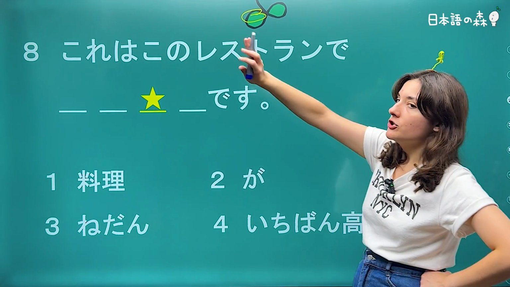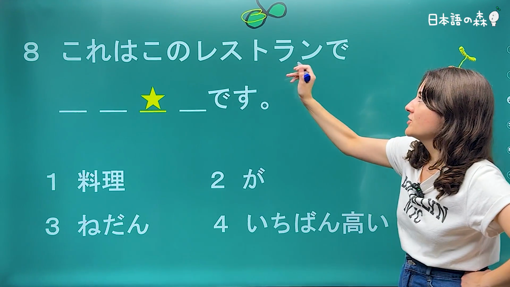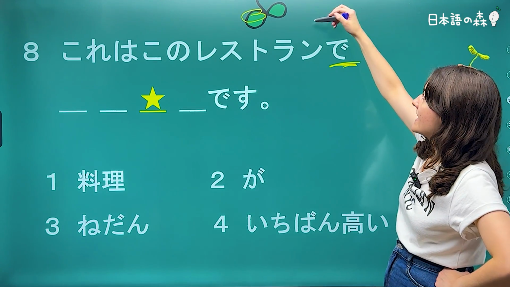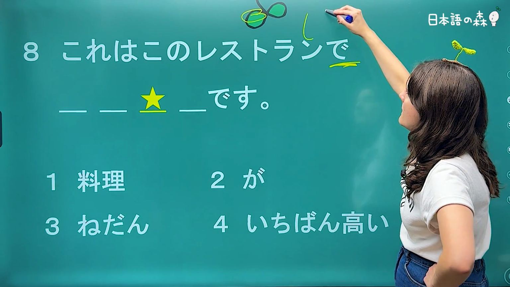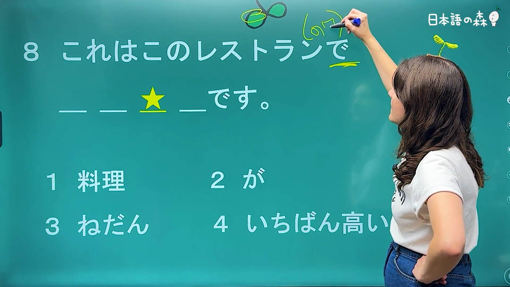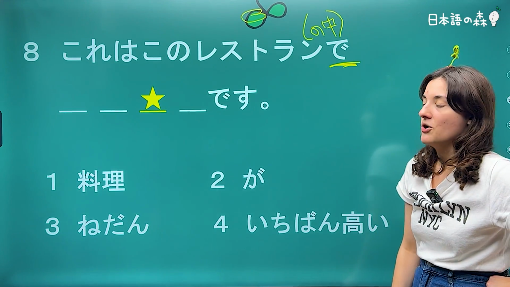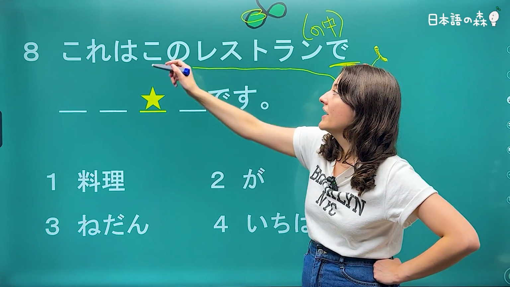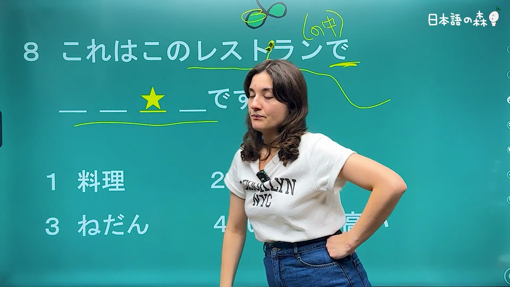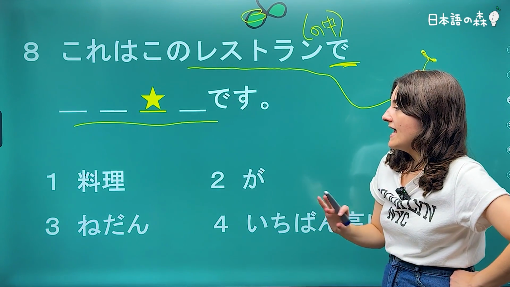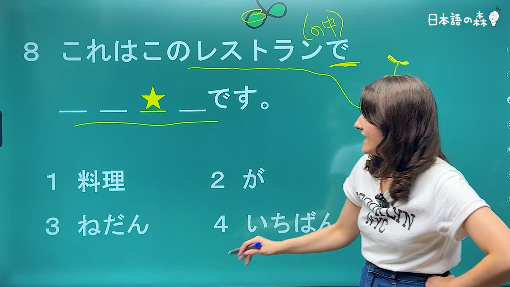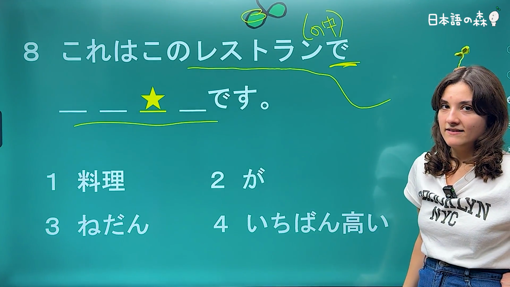So another clue that can tell us that is we have kono restaurant de. Now this de, you can imagine that between this, it's restaurant no naka de kind of thing. It's like out of the category of food at this restaurant, this is the most expensive. So in order to say it's the most expensive, we want to say nedan ga ichiban takai, right?